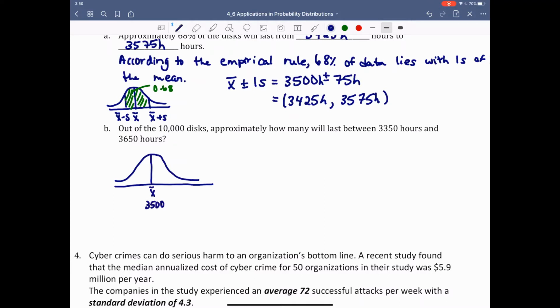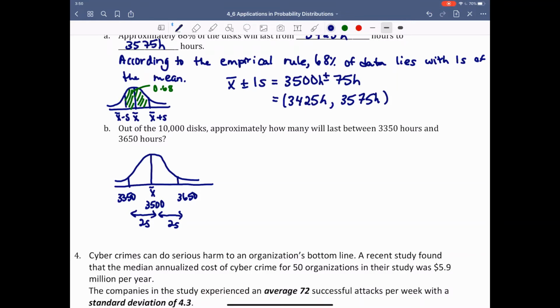We know the mean is 3,500 and the lower value is 3,350 and the upper value is 3,650, which happens to be 2 standard deviations from the mean.